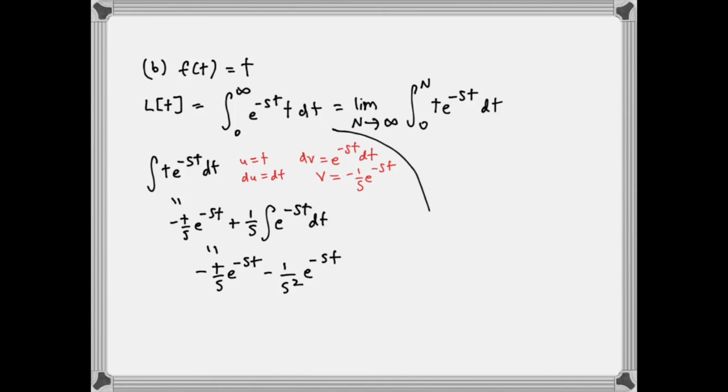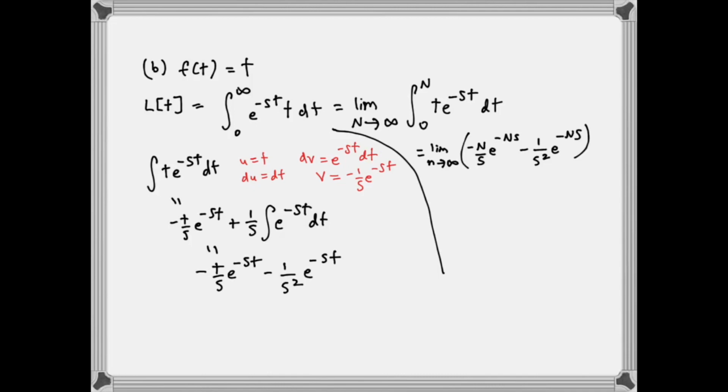So this is going to equal the limit as n goes to infinity of, I'm going to plug in capital N into that integral, so I get negative n over s e to the negative ns minus 1 over s squared e to the negative ns.